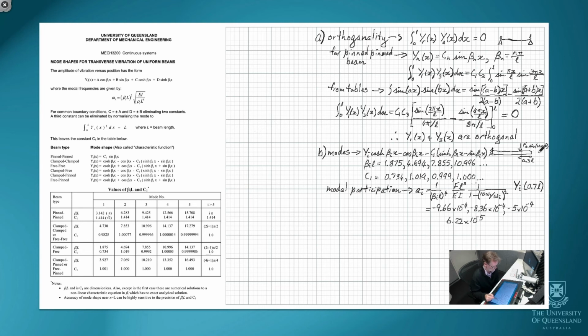Okay, but you'll see the natural frequency depends on beta IL squared. So our first natural frequency is 1.875 squared. By the time we get to the fourth mode and we square this number close to 11, we're getting a number which is much bigger than 10 times the first mode.